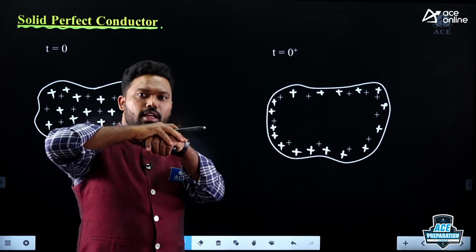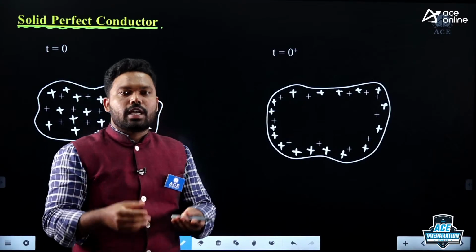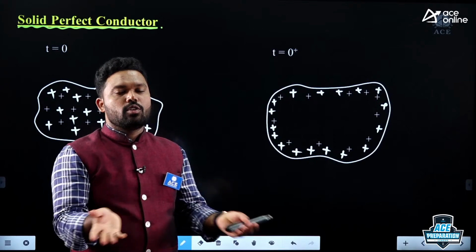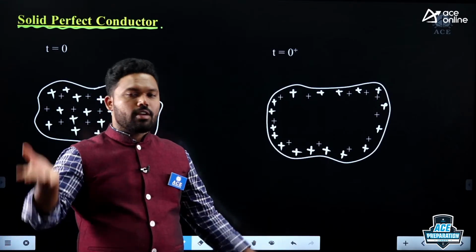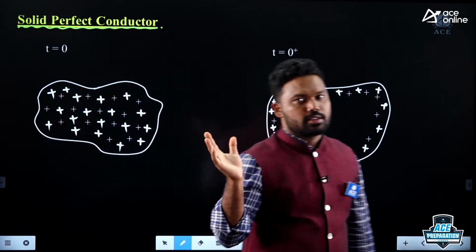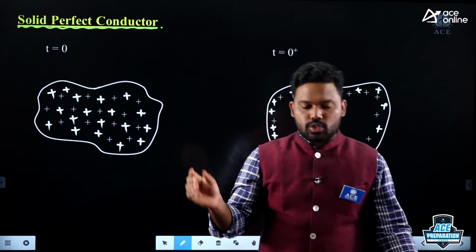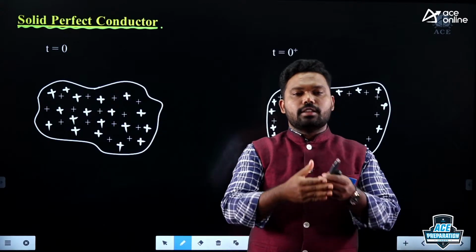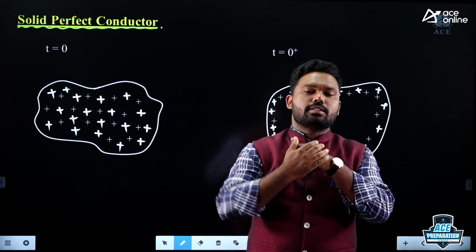At room temperature the charges are free, they can go wherever they like. They will repel each other. I have considered only the positive charges to make the explanation simple.